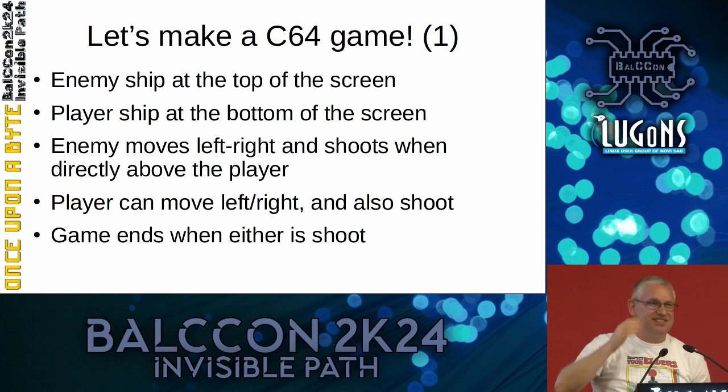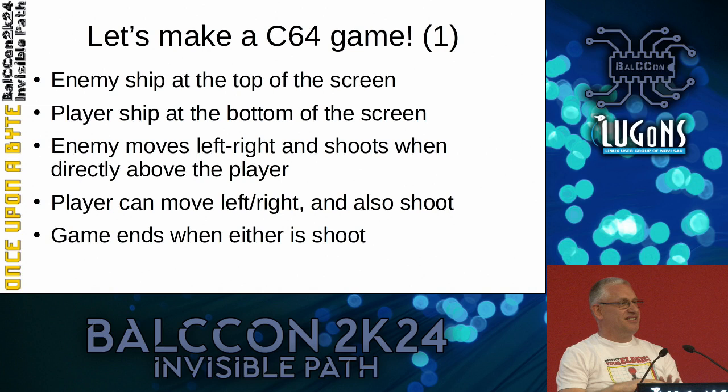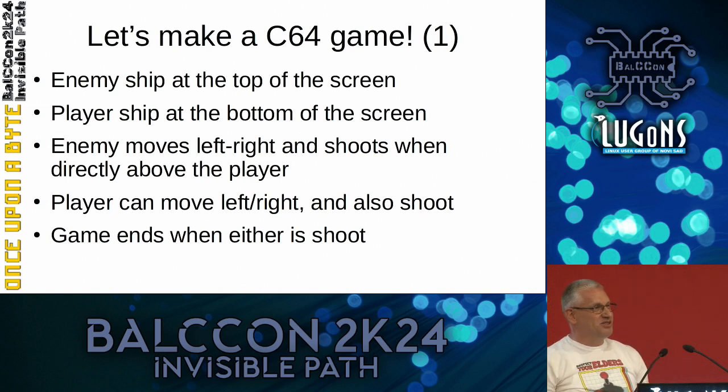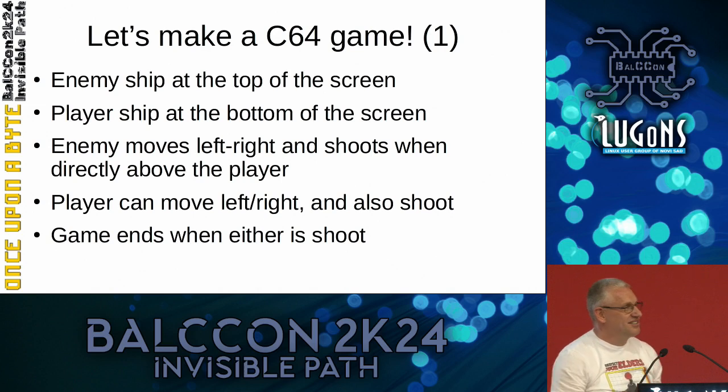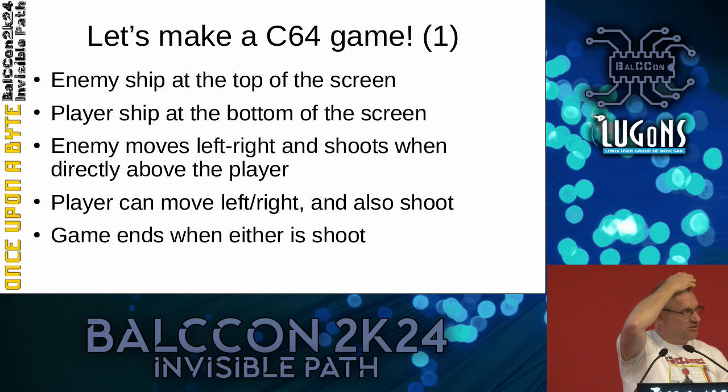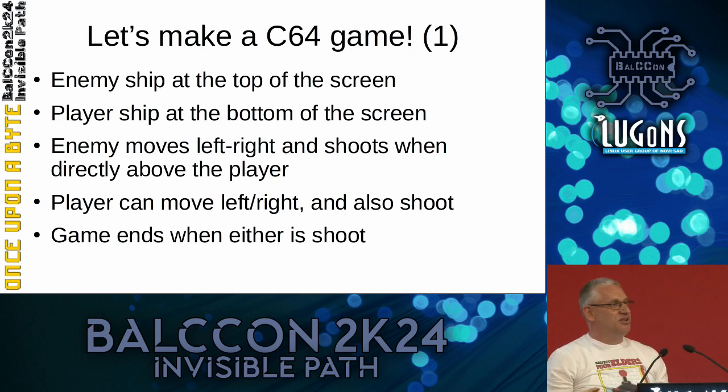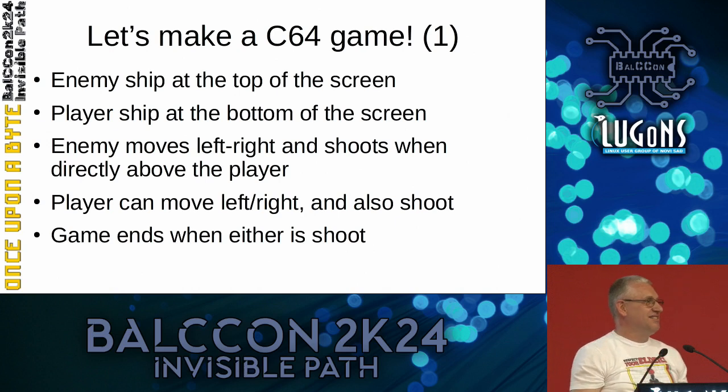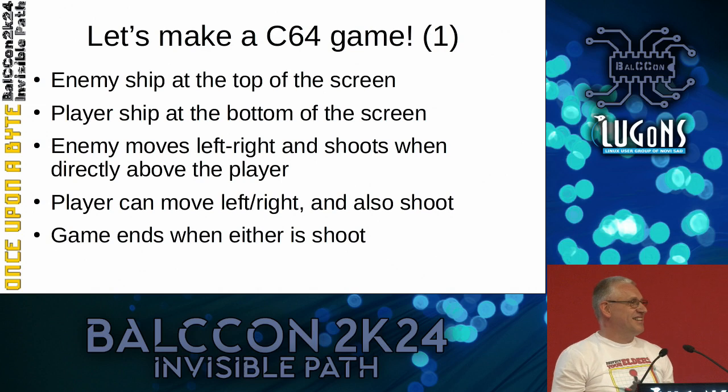We have the player's vehicle at the bottom of the screen. The enemy is moving left to right constantly and firing at the player whenever it's on top of it. And the player also can move left and right and shoot at the enemy. The game ends when either of them gets a hit.